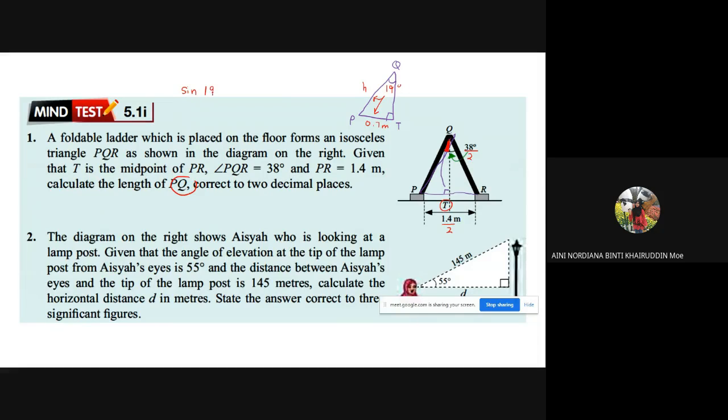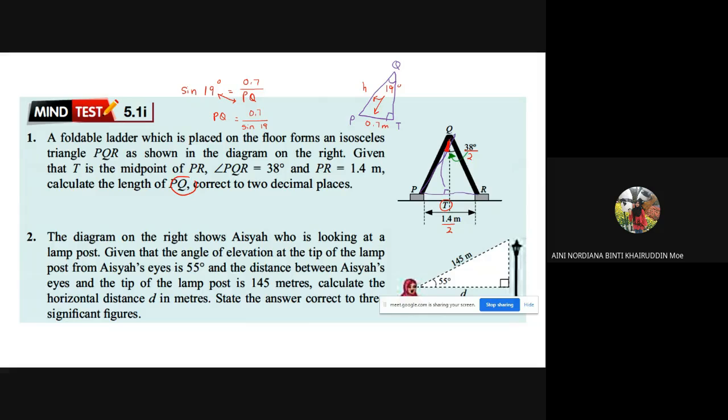So sine 19 equals opposite, which is 0.7 over hypotenuse. Hypotenuse is PQ. So you write PQ. You want to calculate PQ, as I mentioned just now, just change the position of these two. So PQ equals 0.7 over sine 19 degrees.